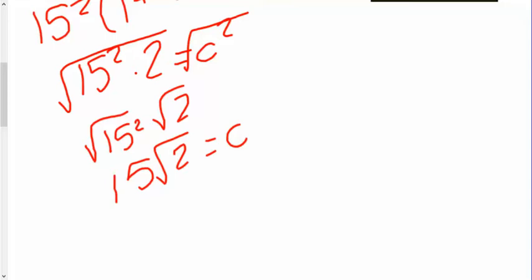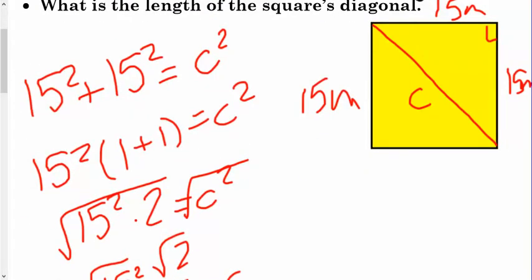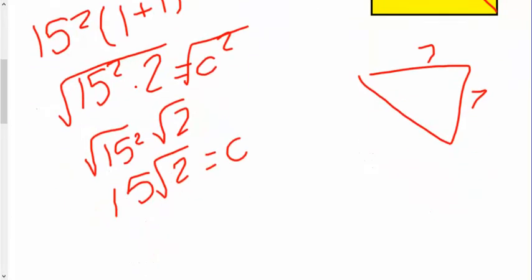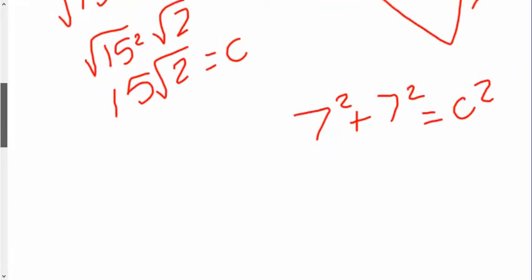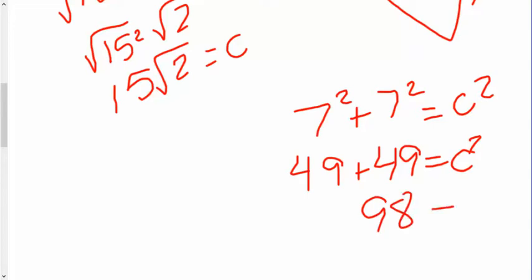And this will actually work with any isosceles triangle. For example, say it wasn't 15 and 15, if it were 7 and 7. If I wanted to find the hypotenuse, it would be 7 squared plus 7 squared equals c squared, or 49 plus 49 equals c squared, so 98 equals c squared.